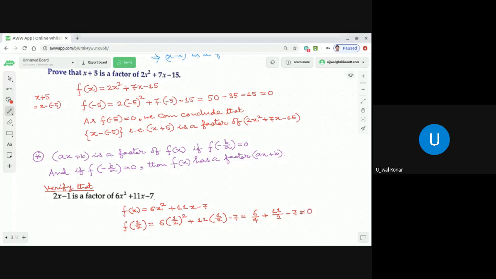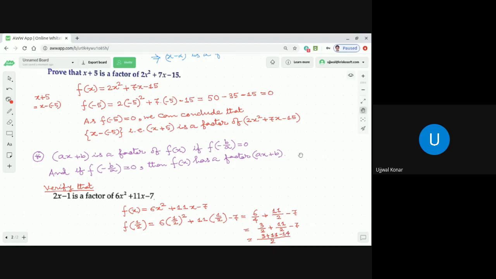Shall I solve how it is? Okay, let me do it then. This value, 6 by 4 is equal to 3 by 2, plus 11 by 2 minus 7. With 2 as the LCM, that is 3 plus 11 minus 14 divided by 2.